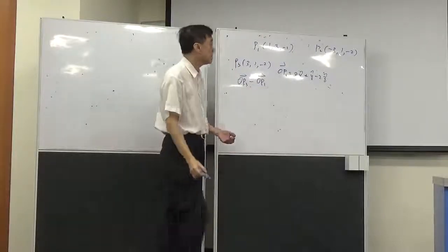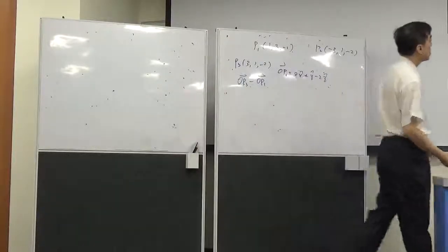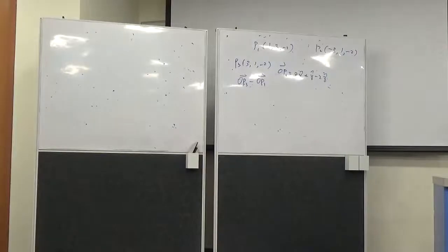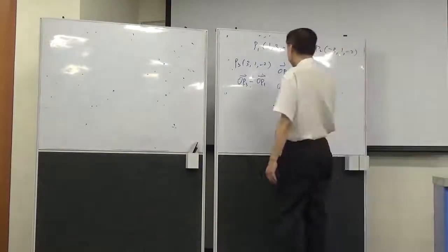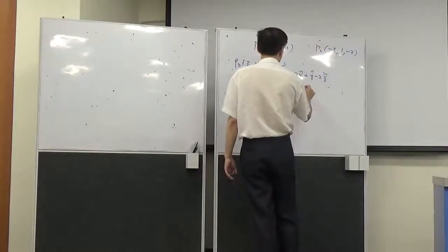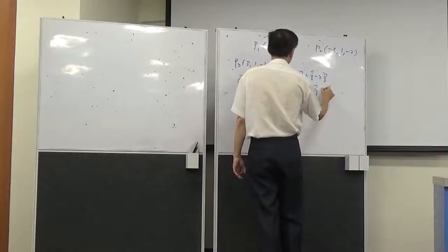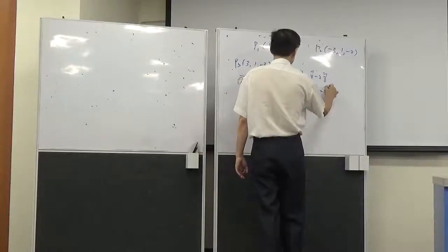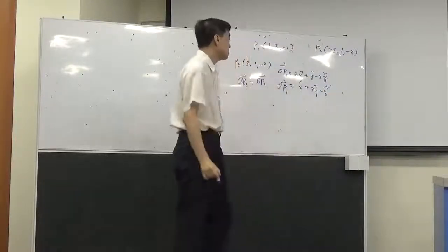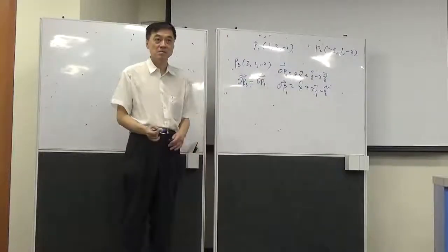Alright. Now what is OP1? OP1 is x plus 3y minus z. Okay.